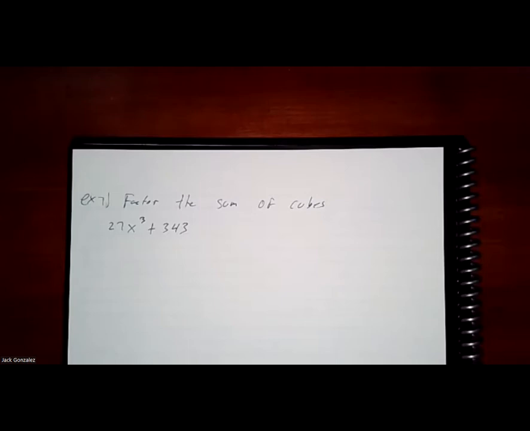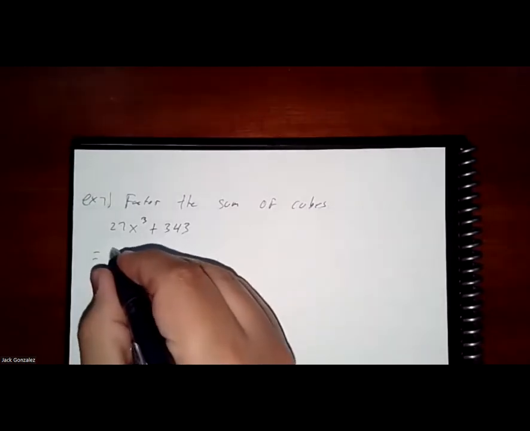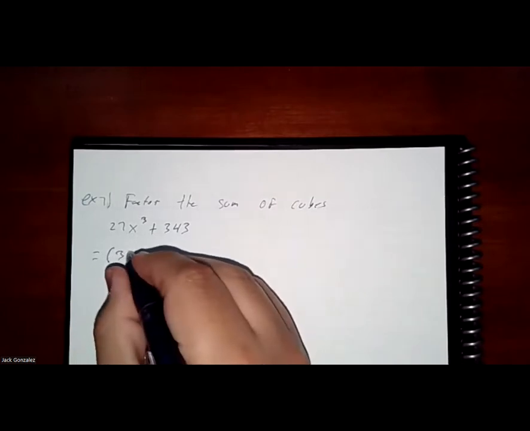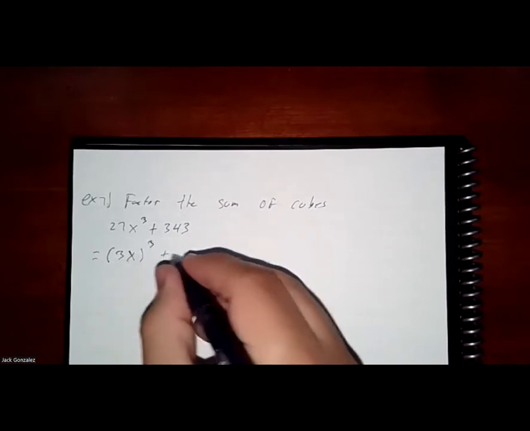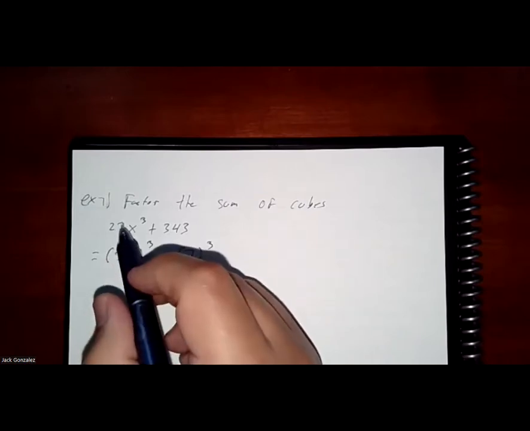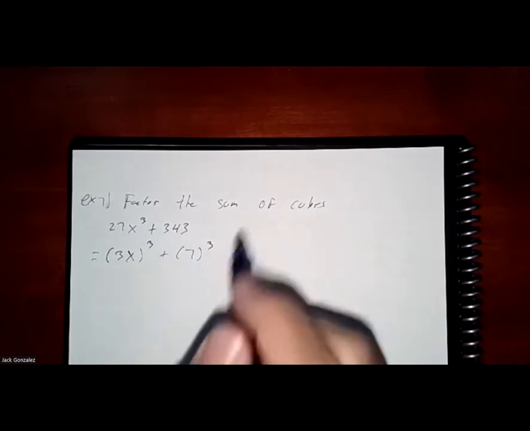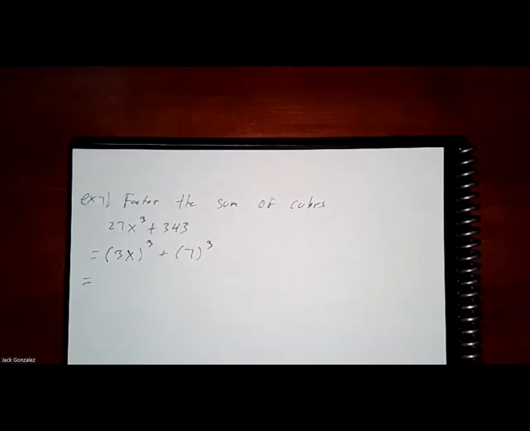Oh, 7. Yeah, it's gonna be 7. So this will be 3x cubed plus 7 cubed, because 3 times 3 times 3 is 27. 7 times 7 times 7 is 343. Once you have it in this form, apply your formula.